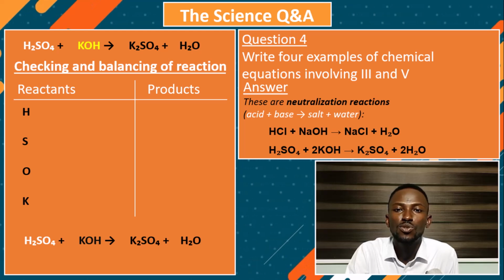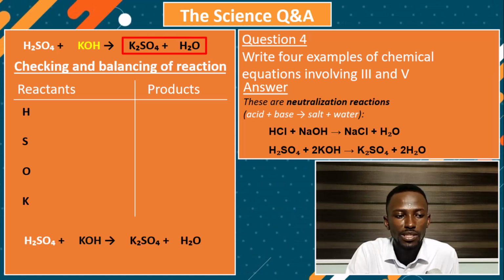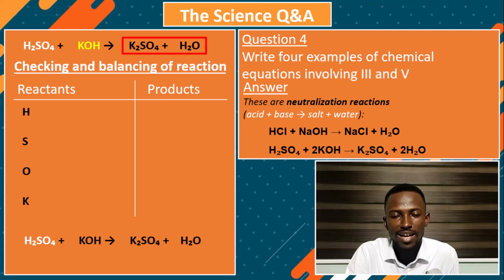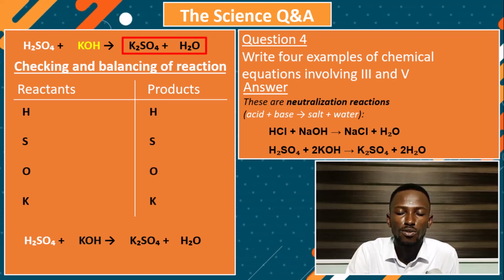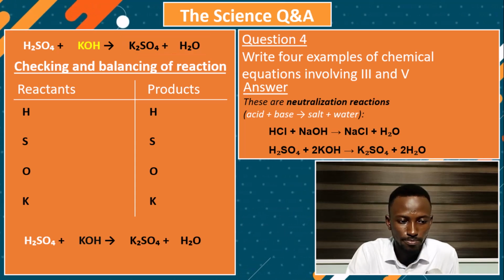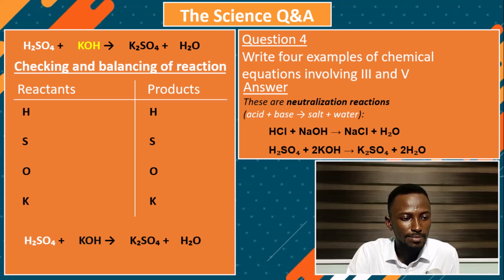We only need to write one of them. What about the product side? Remember, the elements found at the reactants repeat at the product side. So for the product, we have hydrogen, sulfur, oxygen, potassium. After writing out the individual elements, what do we have to do?